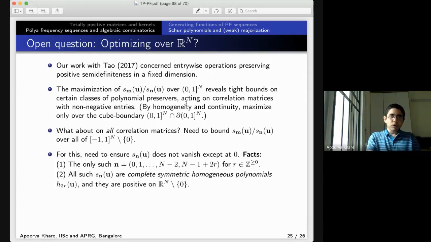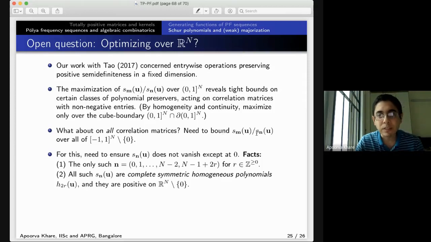Now, this was when you work with correlation matrices with positive entries. But if you want to work with all correlation matrices, then you need to bound the exact same ratio over the entire cube now, not just in the positive orthant. Again, by homogeneity, you can forget about the interior and bound it only on the boundary.